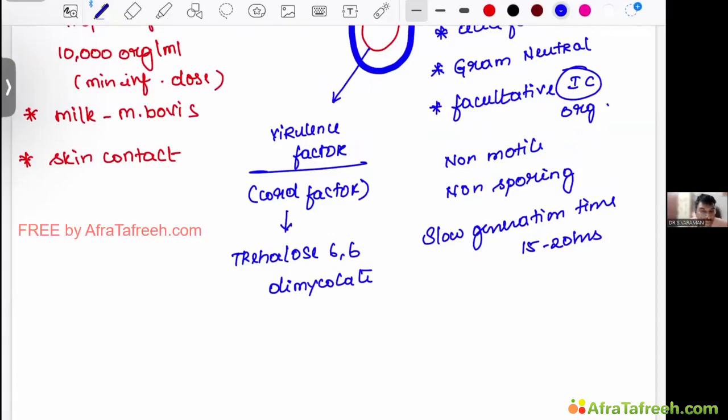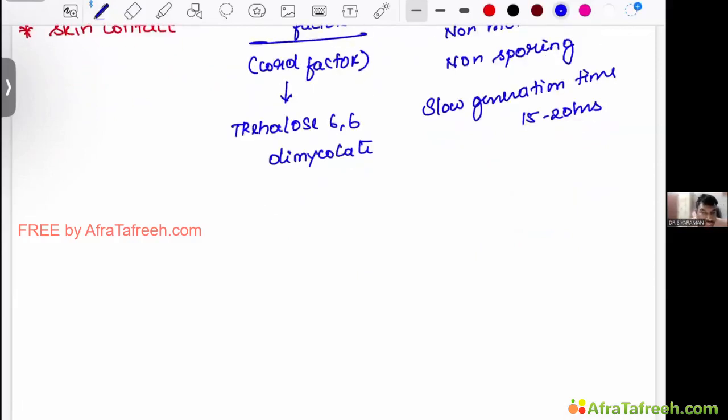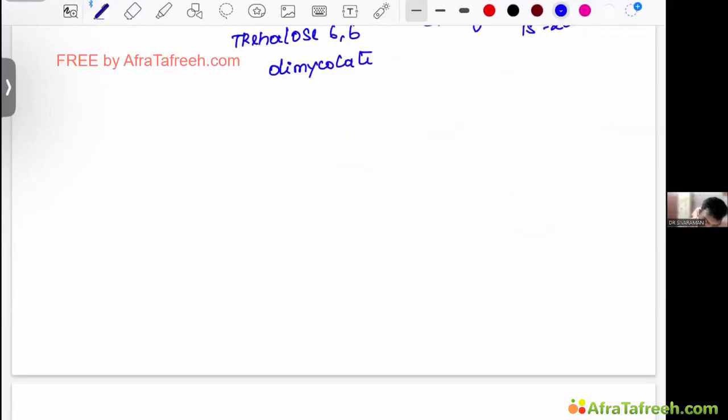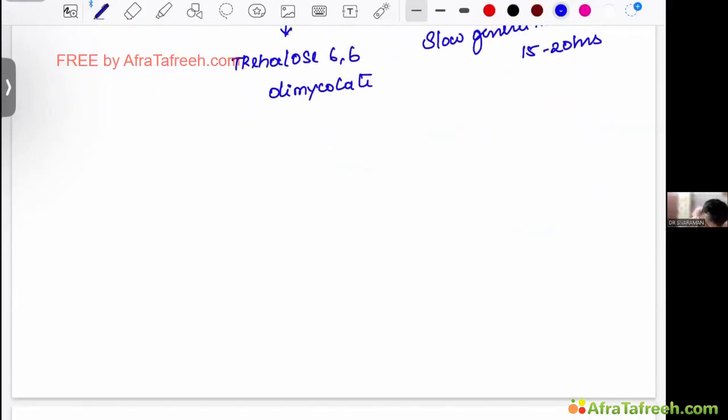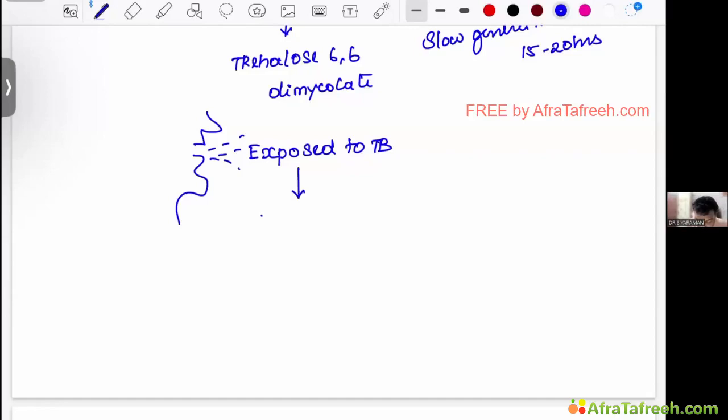So this is going to be the thing. Whenever a person is exposed to TB by contact, by droplet infection, they are going to get initial infection.